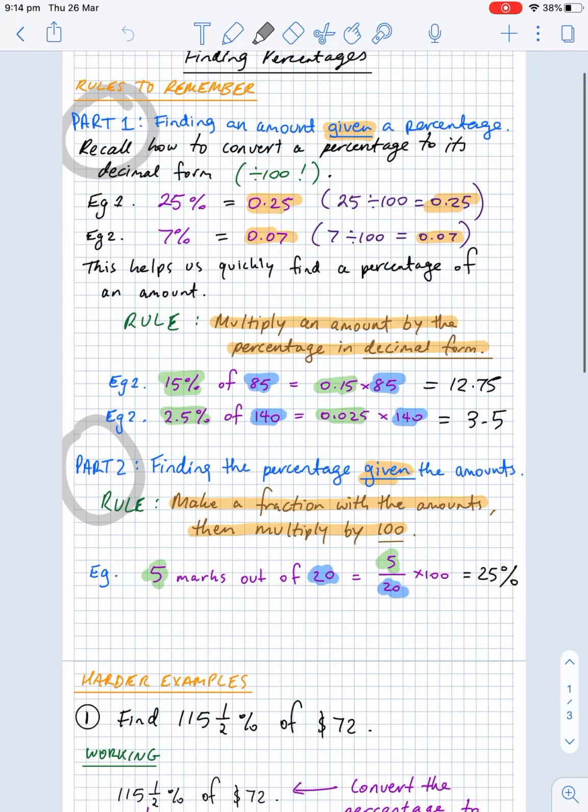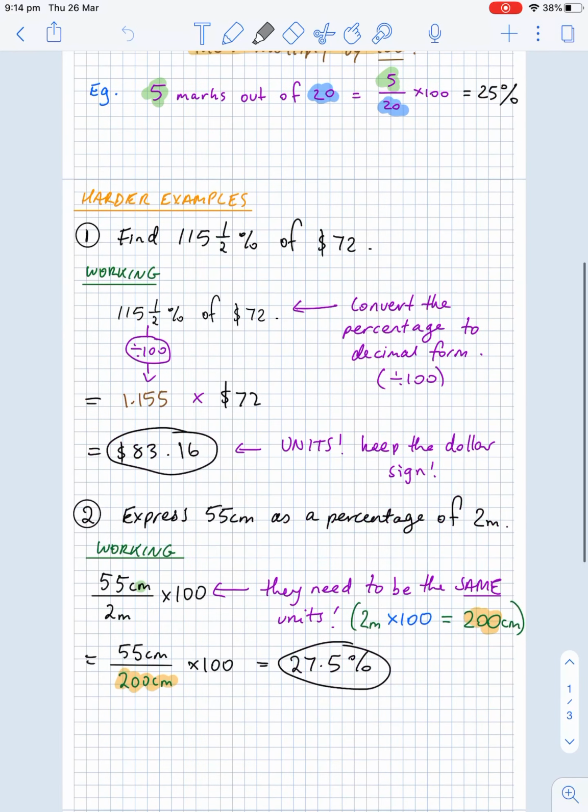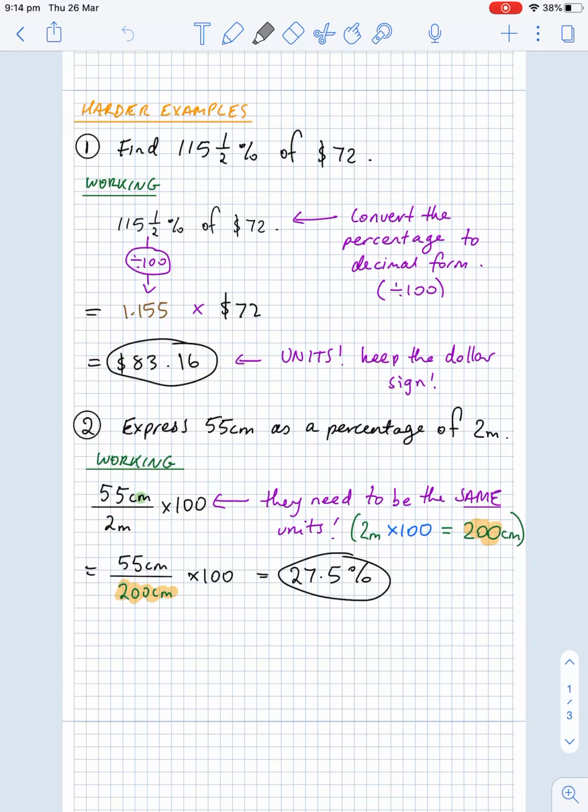Okay, so let's continue on. Let's do some harder examples, ones that have a little bit more of a trick to them. Okay, so first up, find this percentage of this. I give you the percentage, so you need to change this to decimal version and then multiply by 72.